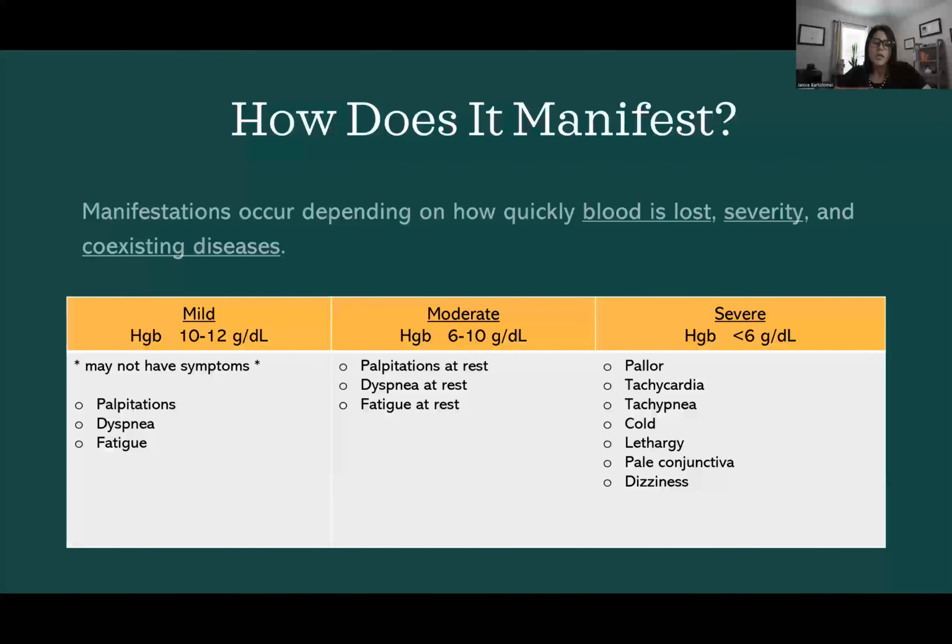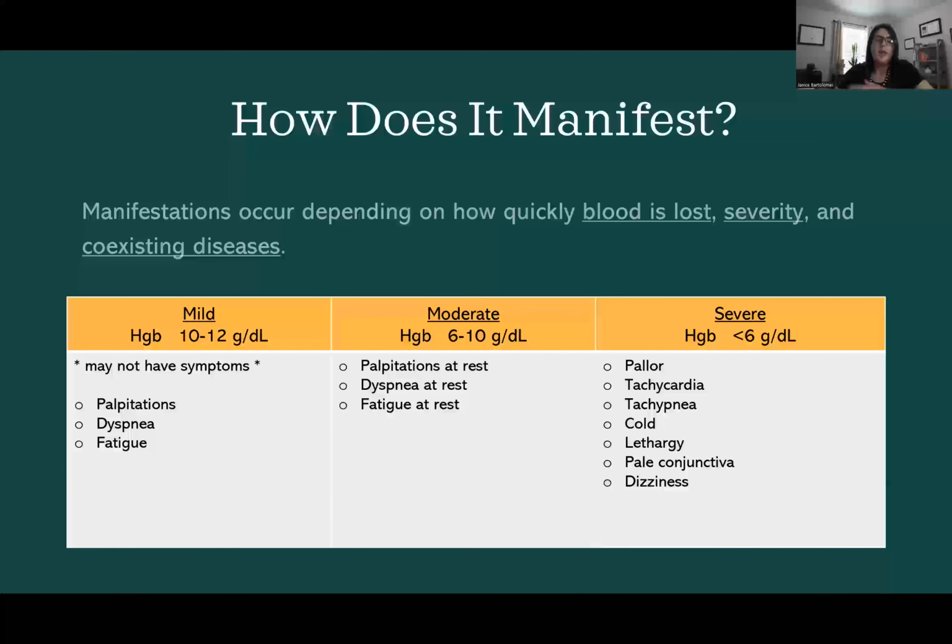The tachycardia and dizziness come from low volume, like low blood pressure. When we have low blood pressure, your heart is going to pump faster to make up for the low volume that we have. And dizziness as well, okay?